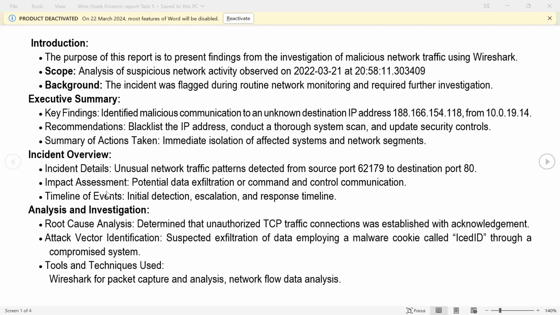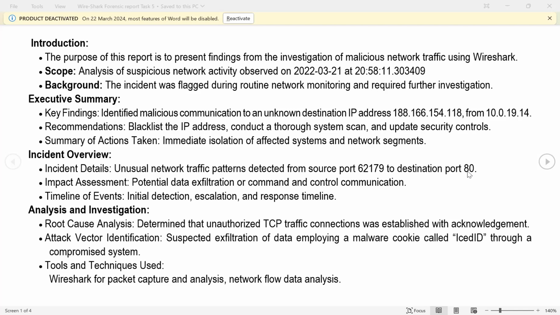Then he went on into the incident overview, a summary detail of the incident: unusual network traffic patterns detected from this source port to destination port 80.